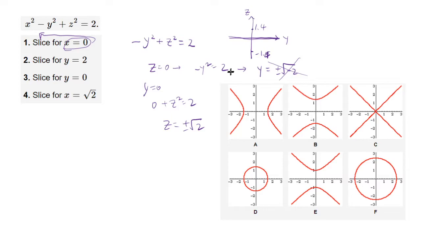Now it's helpful if you know that if you take the usual circle equation and you put minus here or minus there, you get something called a hyperbola. It could be in this direction or that direction, depending on your x or y intercepts.